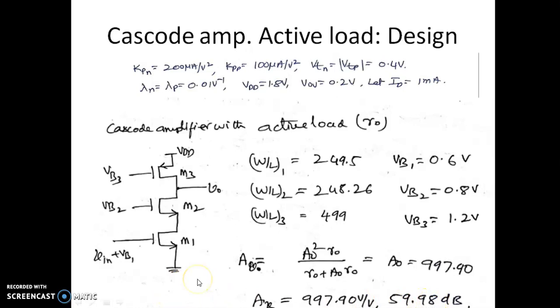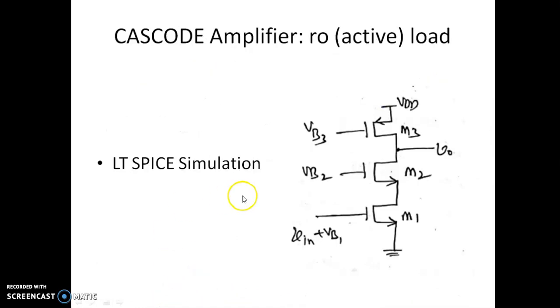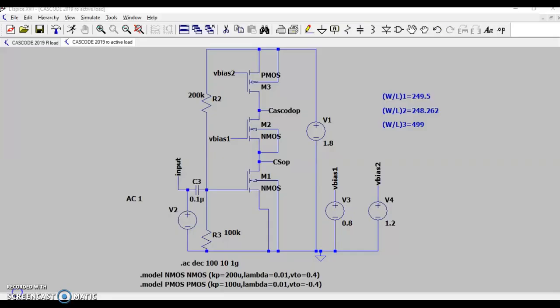So let us do the simulation of this. Again, we are considering a cascode amplifier with load R0. Now it's an active load. Let us do the LTSpice simulation and try to understand how this will have a gain of almost A0. Now let us see the simulation of the cascode amplifier with R0 load as mentioned in the design.